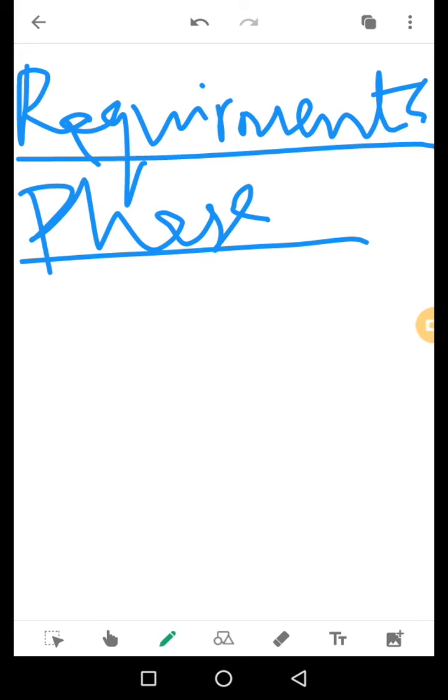It will also serve as a contract between the client and the development team. Then, it will also serve as a basis for system design for the development team. Are you getting it now?